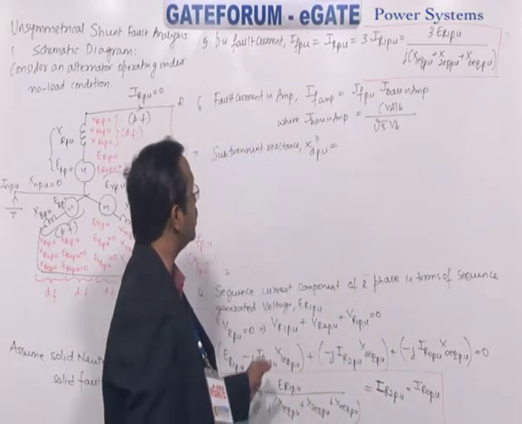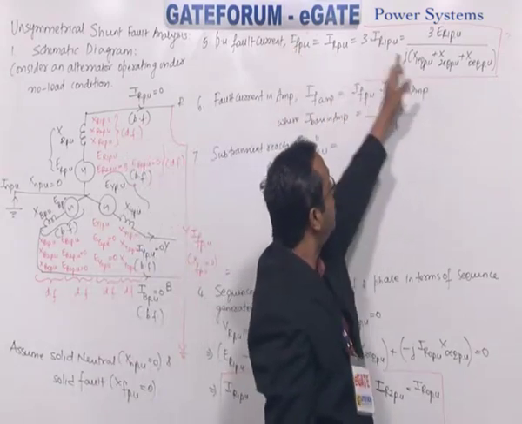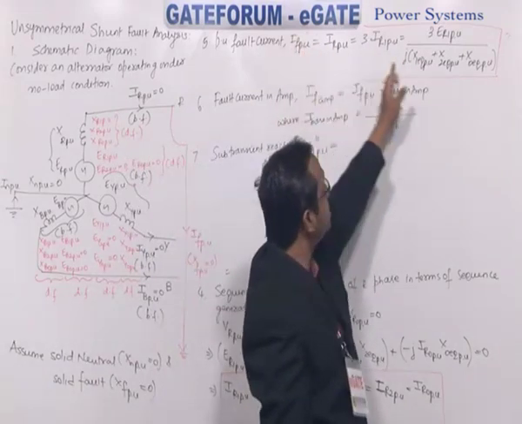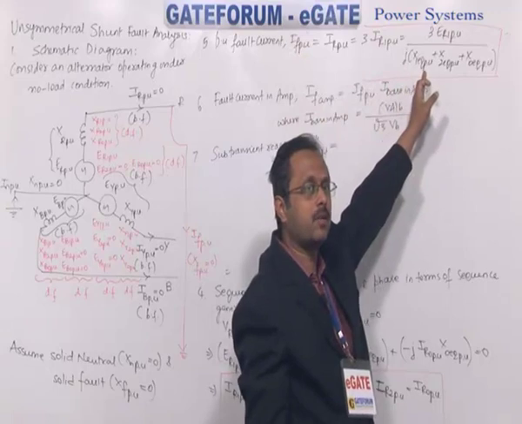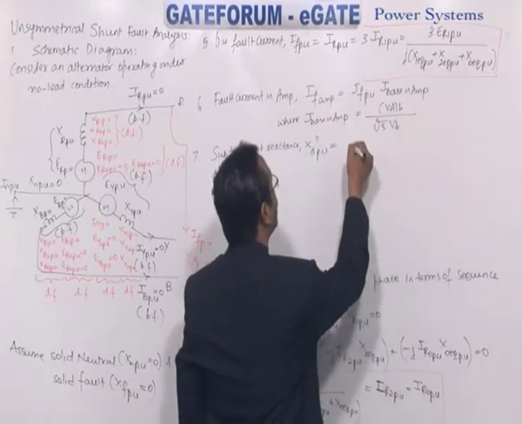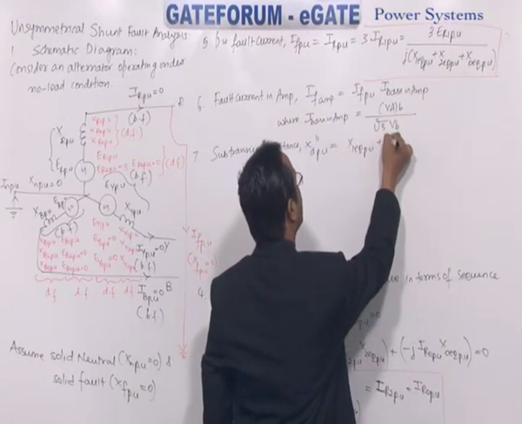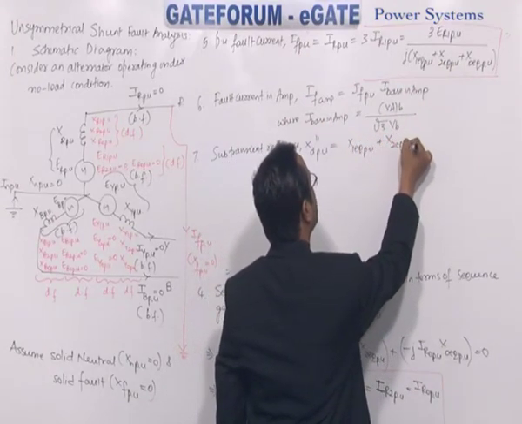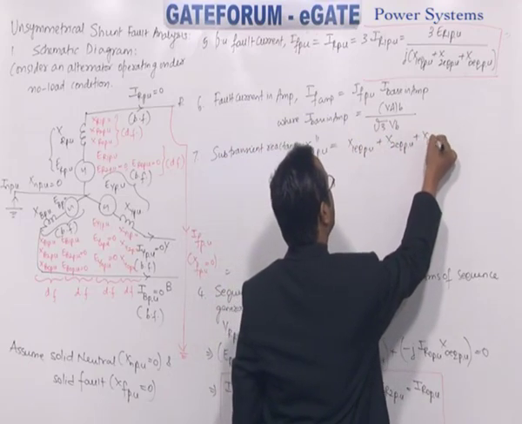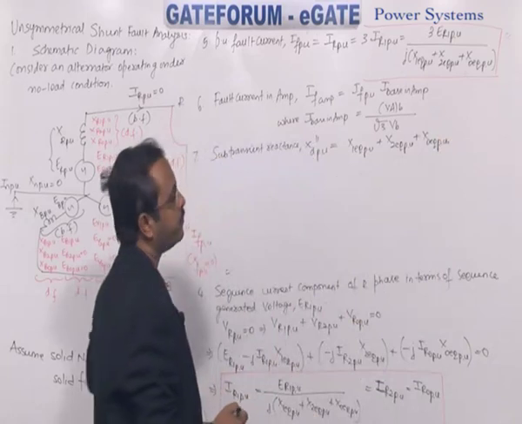So observe this equation. Immediately after occurrence of fault, what is the reactance? X1 equivalent plus X2 equivalent plus X0 equivalent. So what is the sum you write? X1 equivalent plus X2 equivalent plus X0 equivalent.